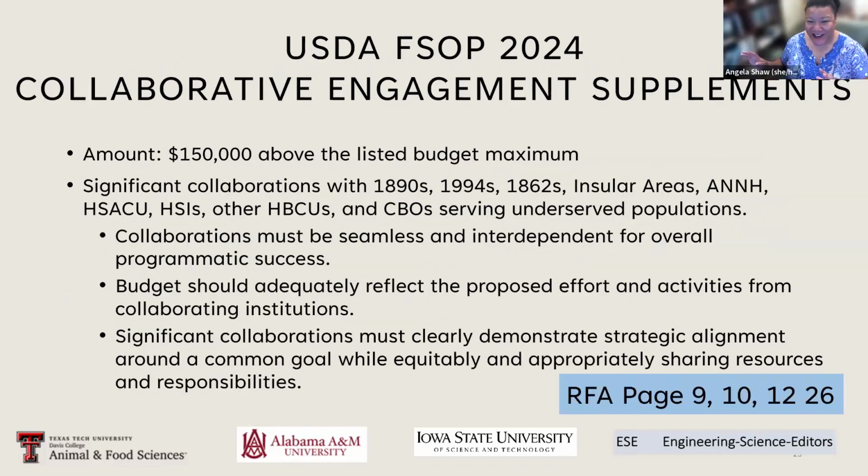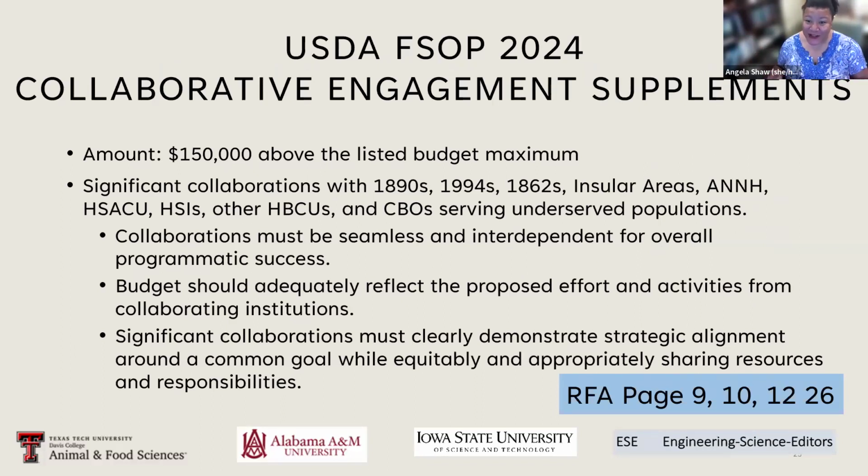In addition, the Food Safety Outreach Program grant gave additional money for collaborations. Now, we saw just a few days ago the partnership that's happening in Alabama between Alabama A&M University, Auburn University, and Tuskegee University, where they are able to work together and get some additional collaborations.